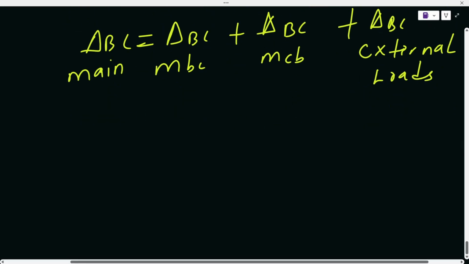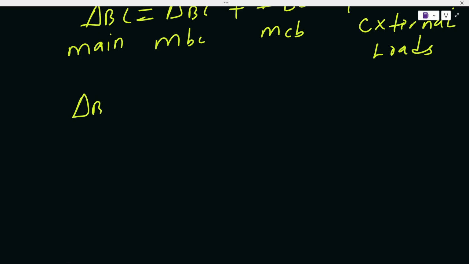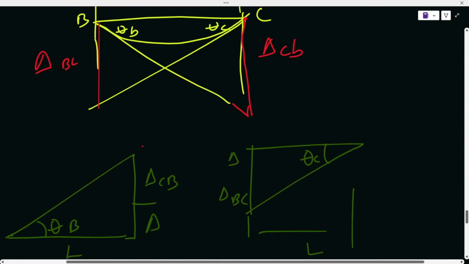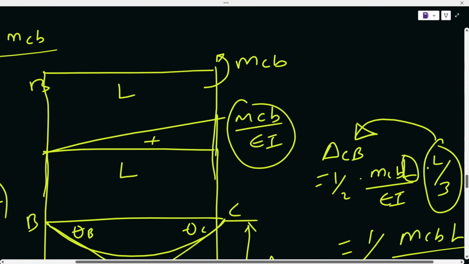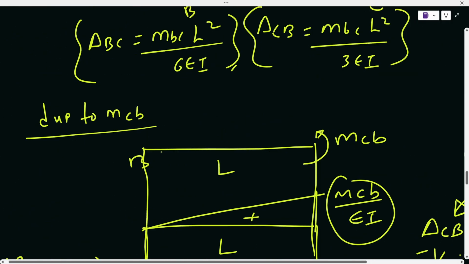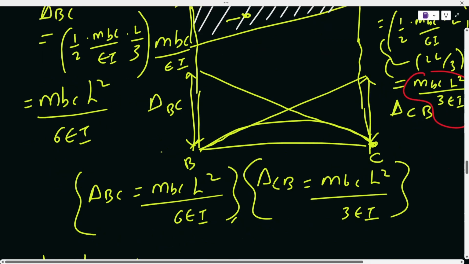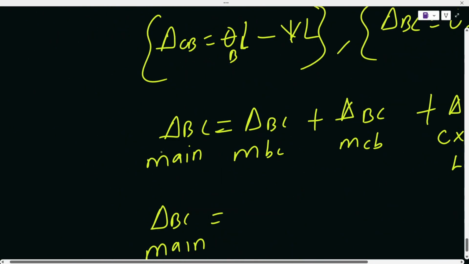So I can now say that delta BC main is equal to, let's go and find it, delta BC MBC. That is for the first one, delta BC MBC. That's MBC L square over 6EI. MBC L square over 6EI.